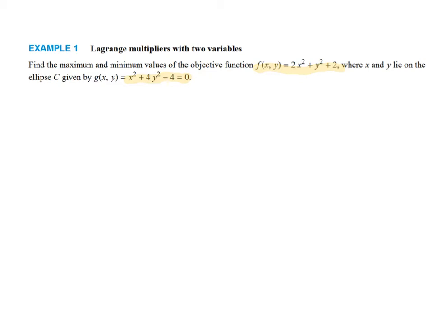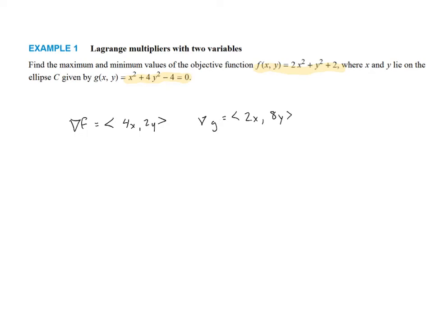So we're looking at an ellipse on a paraboloid. To start with, we compute the gradient of f first. The gradient of f is 4x and 2y. The gradient of g is 2x and 8y.